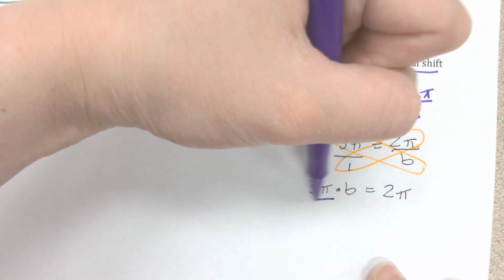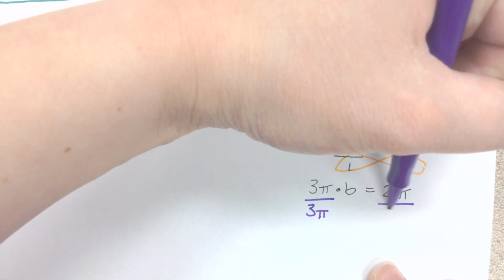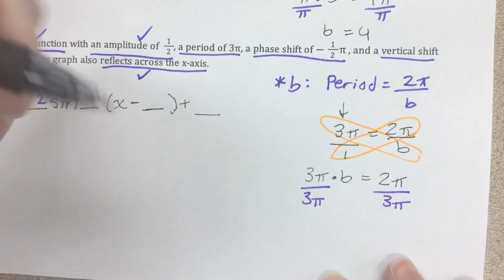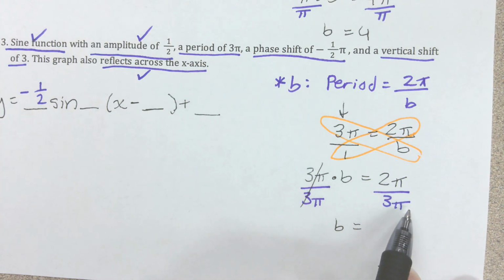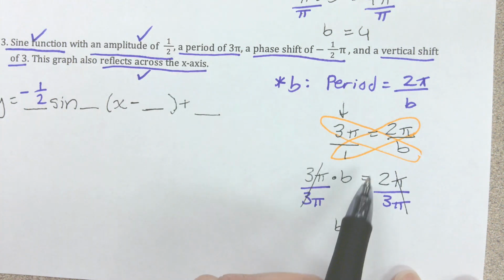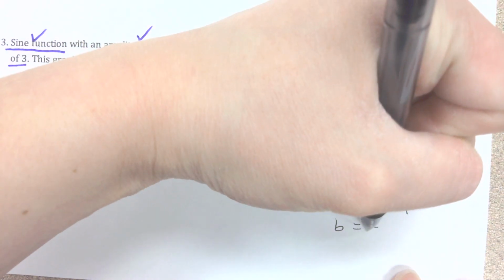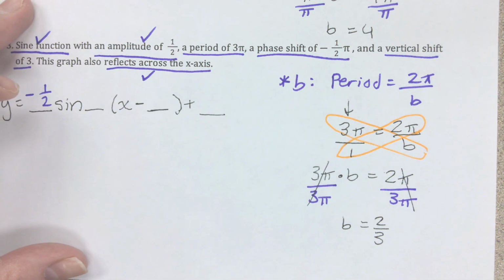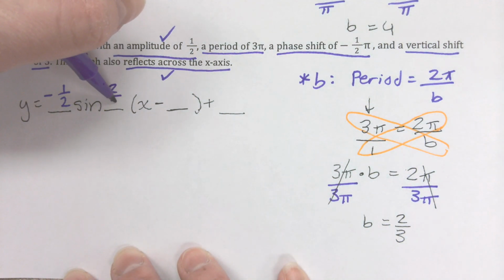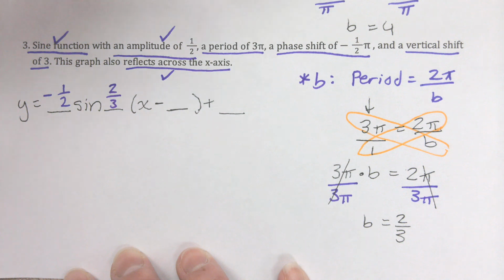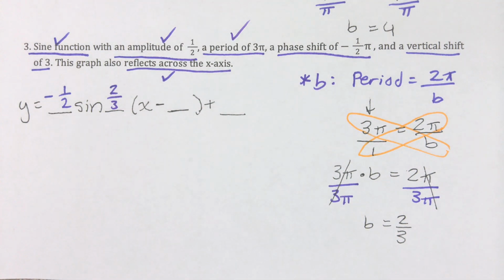Next, divide off the 3 pi on both sides. B equals, the pi's are going to cancel, 2/3. So we've accounted for the period.